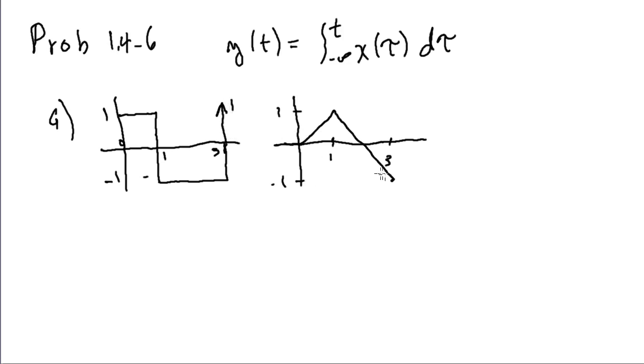Well, I'm down at minus 1. I add in the plus 1, that'll take me to 0. And so this is the resulting function of integrating this over all time. And that's a little tricky. I did it geometrically instead of formally evaluating the integral. You might want to give that a try.